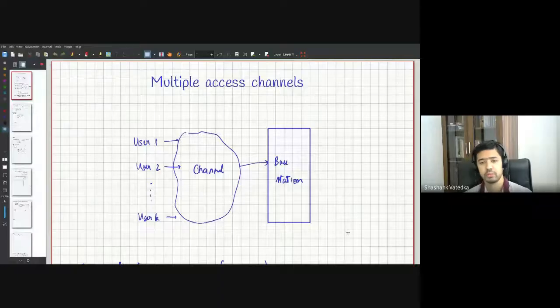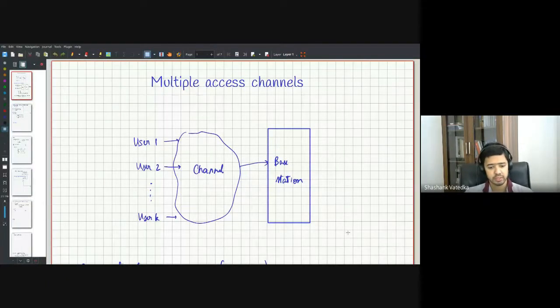Okay, so multiple access channel is basically the sort of model you would see in uplink transmissions of cellular systems. So for example, you have a number of cell phones which are connected to a single base station. Maybe you have say 10 cell phones which are currently connected to the base station near IIT Hyderabad, and now all these 10 users want to upload data to the base station.